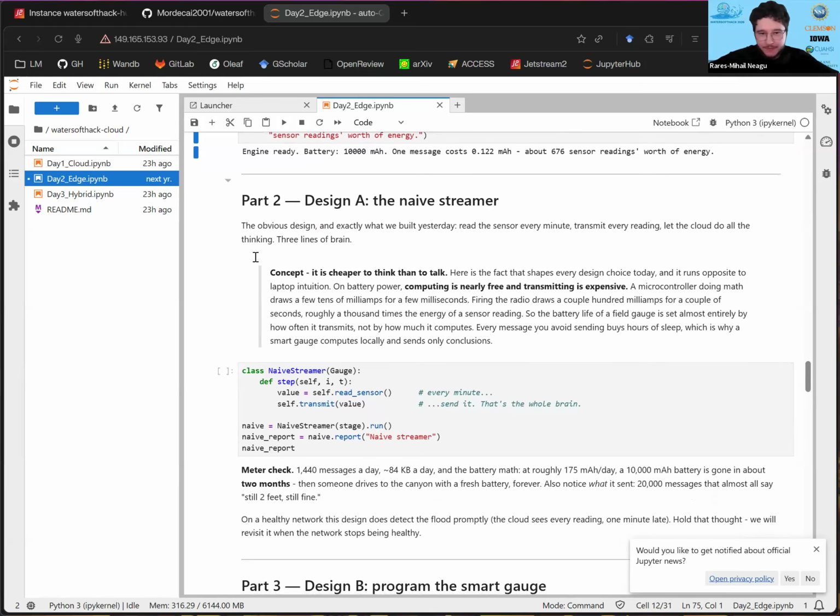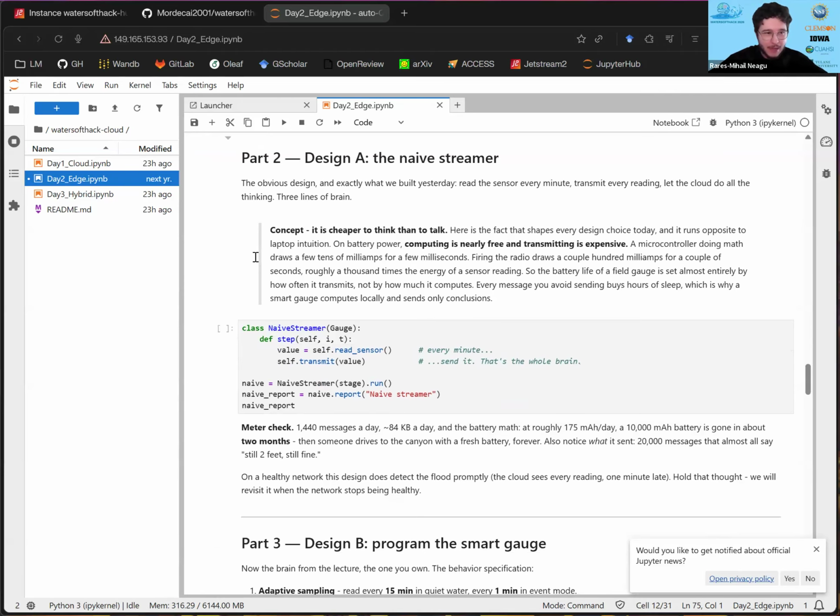Now let's start with a naive streamer. This is going to be our design A. Again, this code is very simple, but I need to explain what this actually means. When we define a class and we put in parentheses the name of another class, this is an OOP pattern called inheritance.